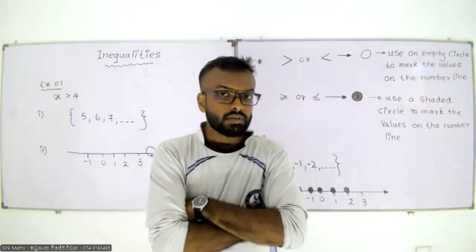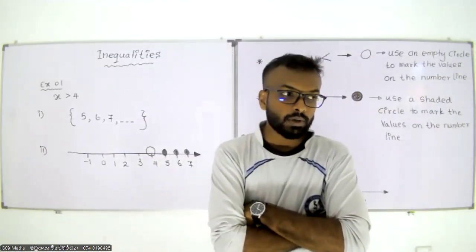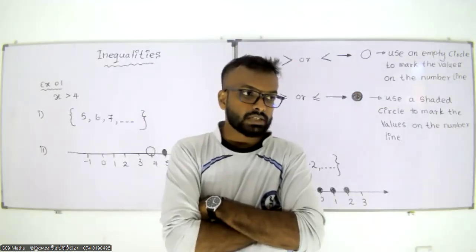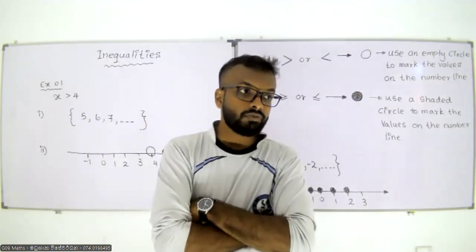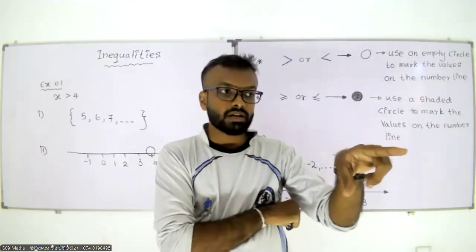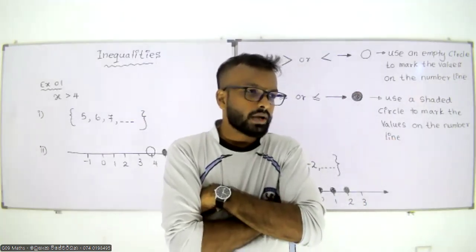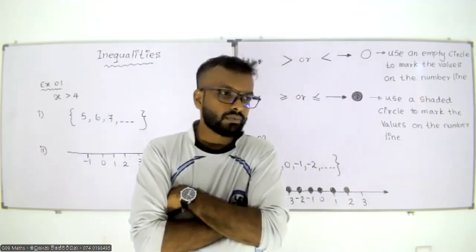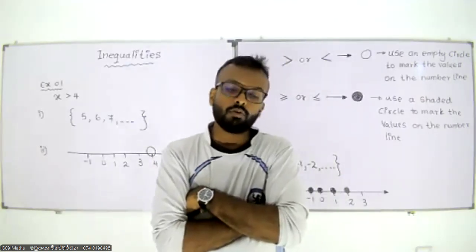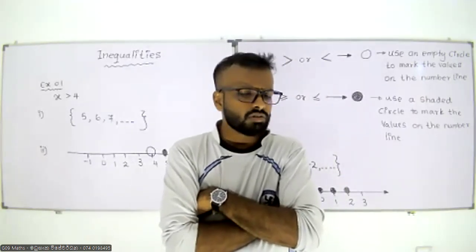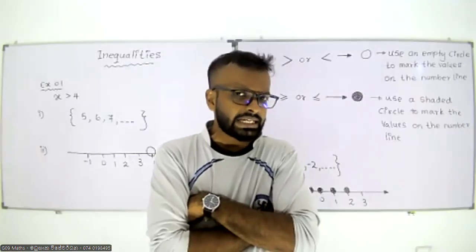Read it. Example number 3. Represent the solution set of the inequality x greater than minus 4.5 on a number line. Now forget the value, but they are not asking about the integral solution set.